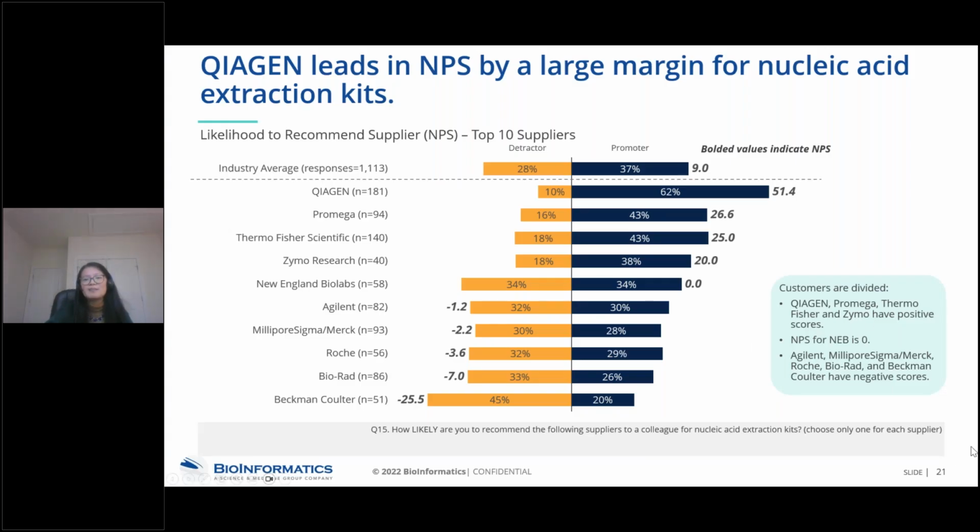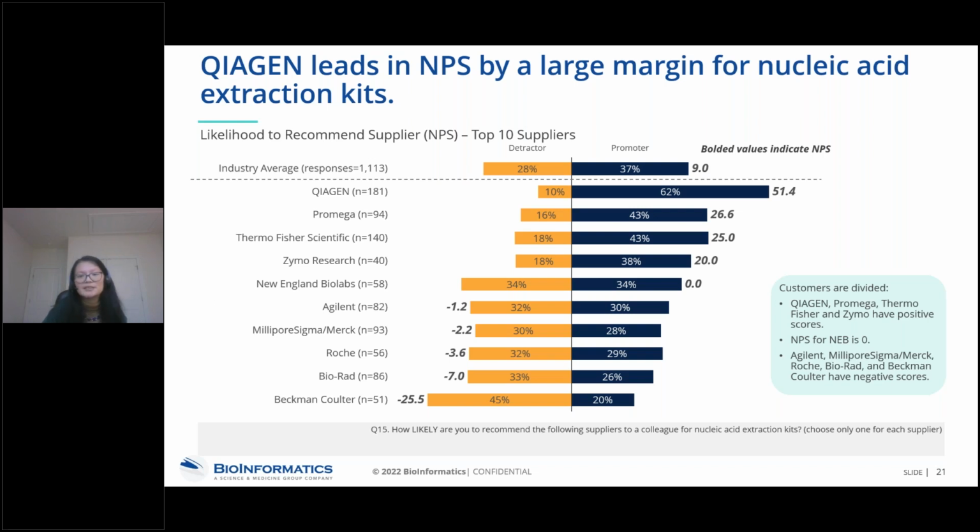We used a variety of metrics to evaluate customer loyalty, including Net Promoter Score, consideration of individual suppliers for future purchases of these kits, repurchase likelihood at current prices, and repurchase likelihood at prices when they're increased by 5% and 10%. Many of these metrics are intertwined together to reflect how loyal a customer is.